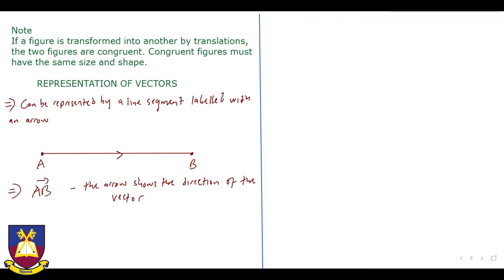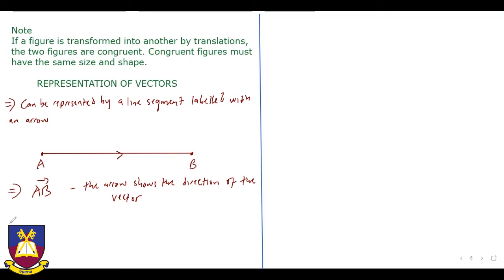The arrow shows the direction of the vector. So this vector is coming from A towards B. Another way of representing vectors is to bold. We could just call this vector small a and then bold it. There are so many ways of writing vectors. Okay, so that's how we write and represent vectors.